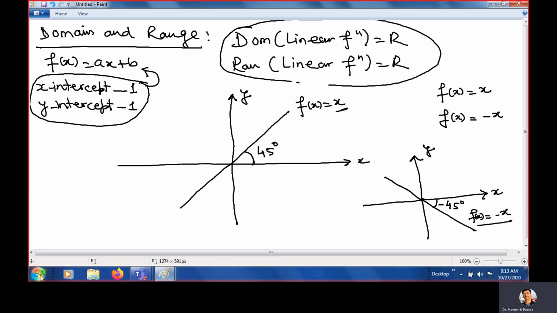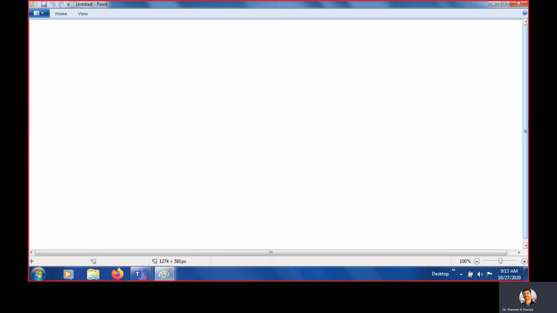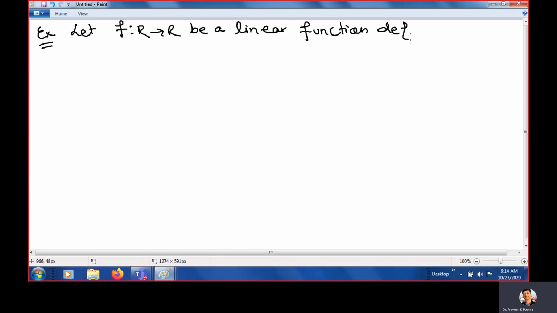Now we will study one question and I will try to clear all of your doubts. Example: let f from R to R be a linear function defined by f(x) = x minus 4. A linear function is a polynomial function.